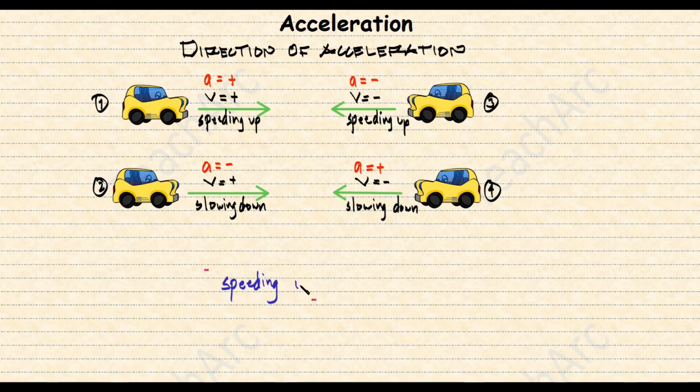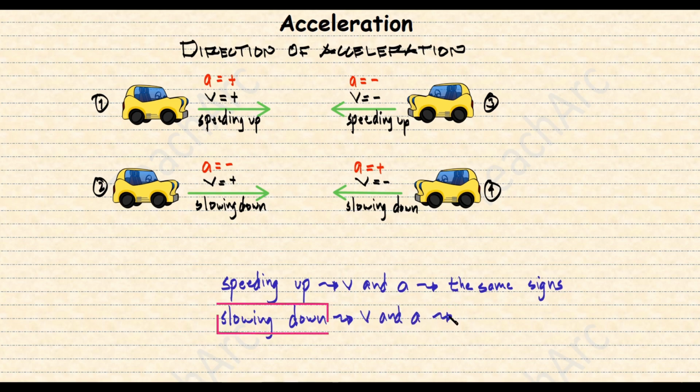To sum it up, we can say that if an object is speeding up, velocity and acceleration have the same sign. On the other hand, they will have opposite signs if the object is slowing down. You can also relate the direction of the acceleration to the direction of the object's displacement, since velocity has the same direction as displacement.